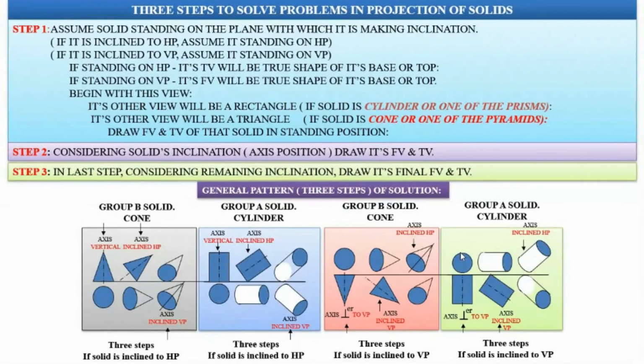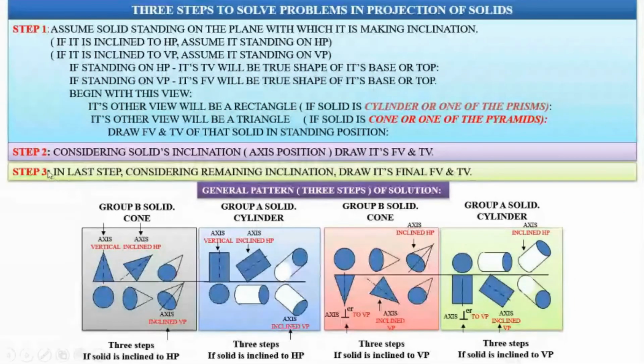So in the case of the first two figures, the axis is perpendicular to the HP, that is, in the front view, the axis is perpendicular to the XY line. And in the last two figures, in the top view, the axis is perpendicular to the XY line. That means the axis is perpendicular to the VP.